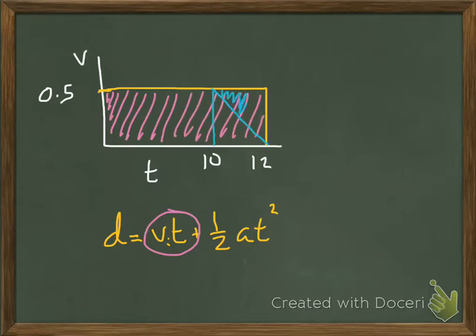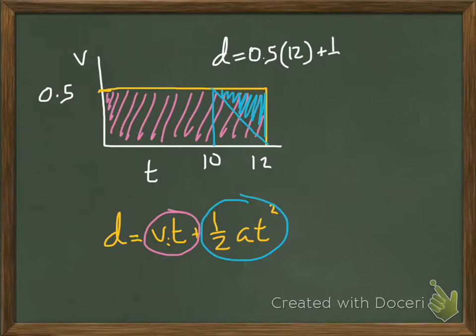Now, the second term refers to the area of that triangle there, because at 10 seconds we start accelerating to 0, and so as I graph that, I see it makes a triangle. So let's look at the formula again. Let's look at our real numbers and see if you can see how it matches up to the graph.